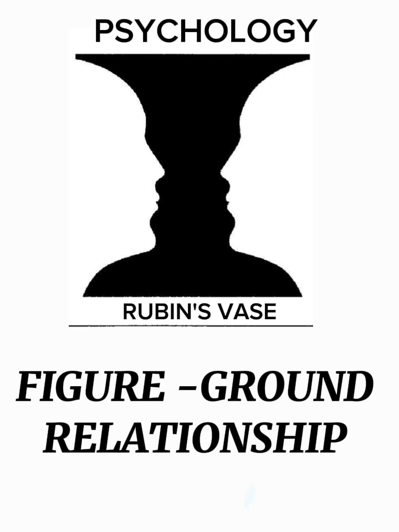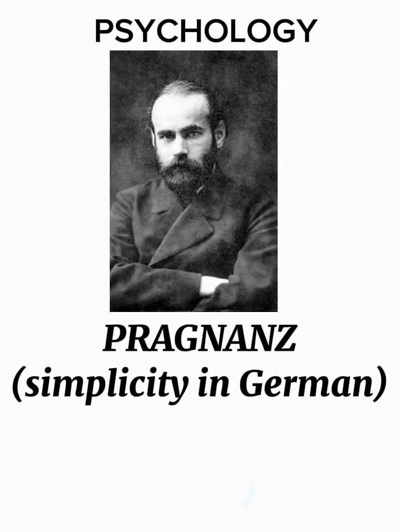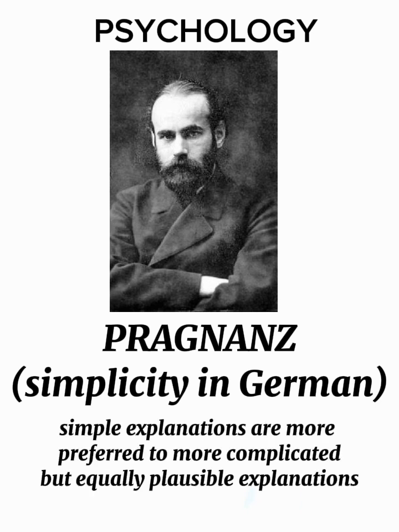Another way in which we organize our perception is following Pragnanz principles. These are principles that say we tend to analyze data in the simplest way possible. Human beings will always look for the simplest explanation for things, right?